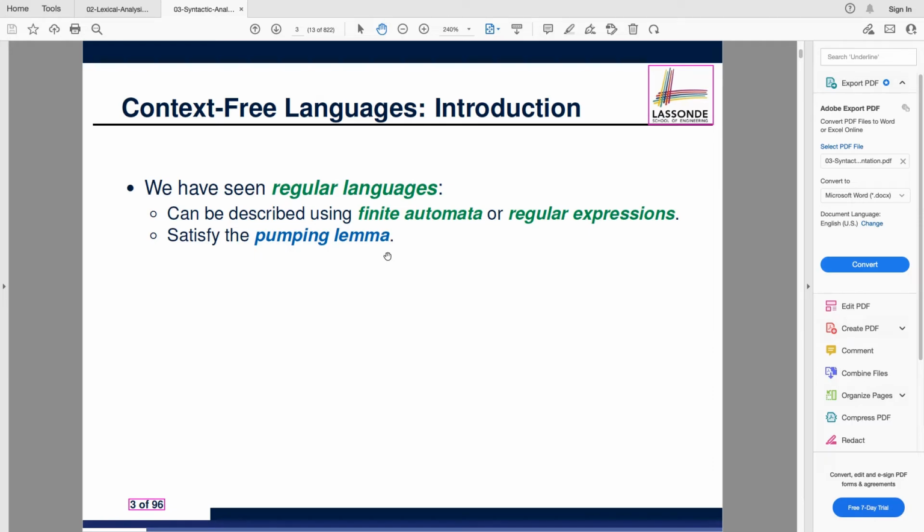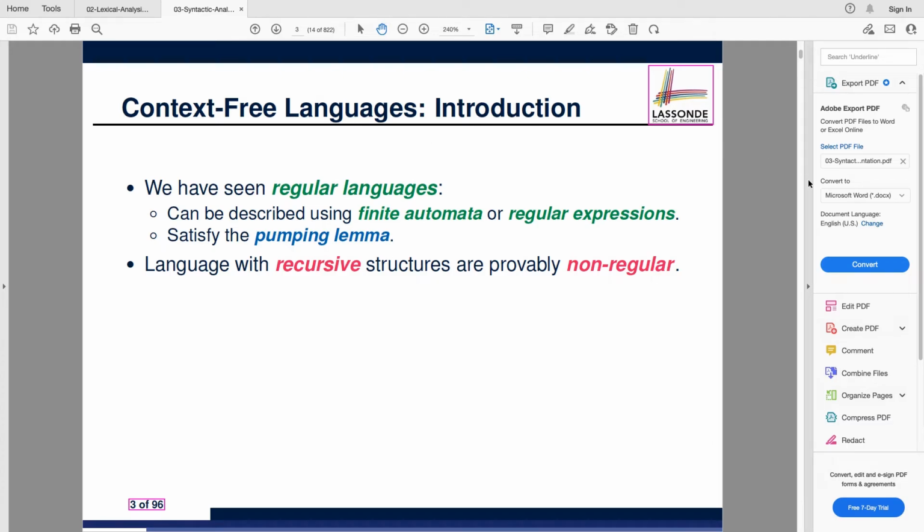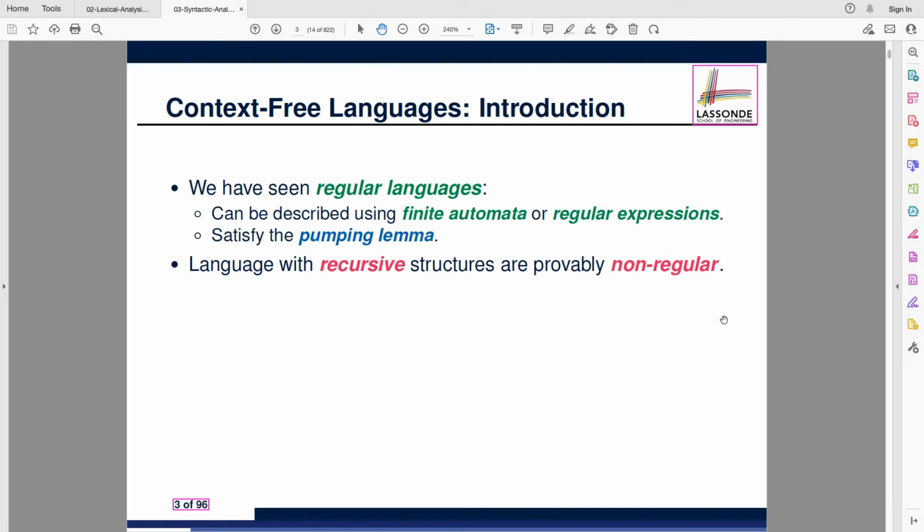But don't worry, we're not going to cover that in this course. It belongs to 2001. I'm not going to trouble you. Anyway, that's the only place I'll mention pumping lemma, only for your information. But if you're curious about having further discussion, I'll be happy to engage. Right, so basically, anytime you think the language you have has some recursive structure, most likely it's context-free. It's not regular. Okay?